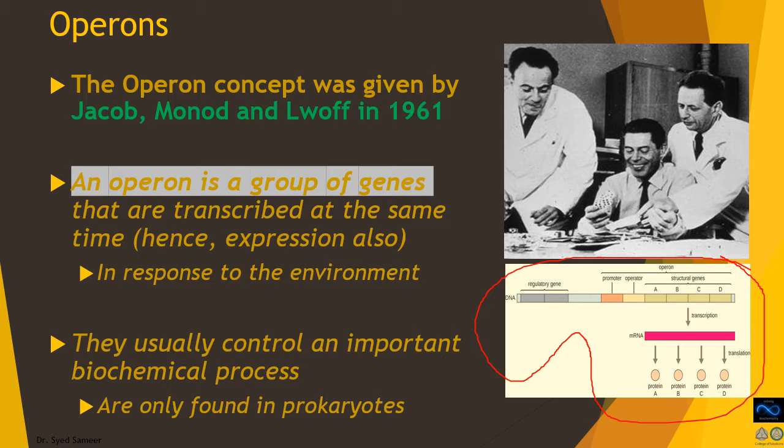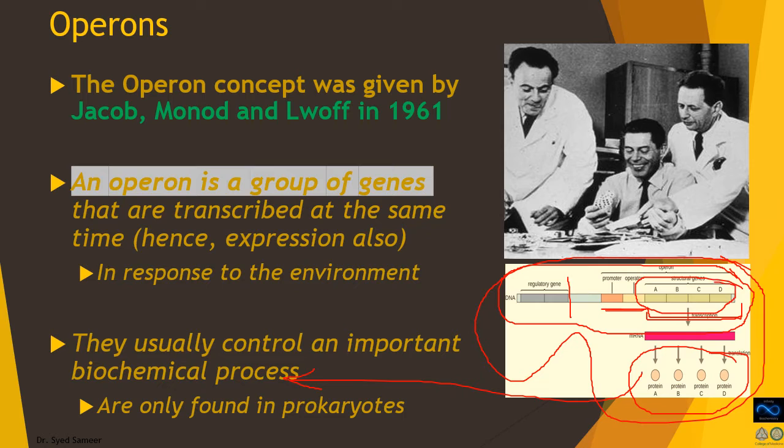It consists of certain regulatory genes, the promoter and operator region, and the actual genes to be expressed, which produce a number of different proteins that in turn regulate the biochemical process in prokaryotes. Hence the operon concept is the regulation of the expression of some genes in response to the environment, which determines whether they are expressed or not.